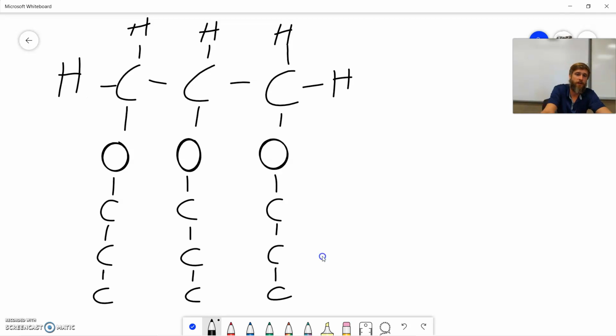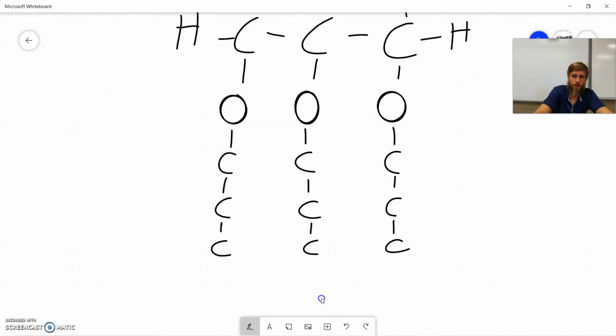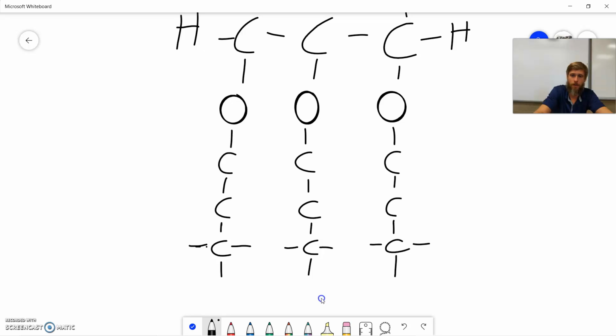Now we have some spaces to fill in, right? Because carbon can hold 4 bonds. Move this out of the way. Try to. Okay, it's not going to go away. All right, so we're going to have bonds here. There we go. Bond, bond, bond. So we have 1, 2, 3, 4. Bonds all around.